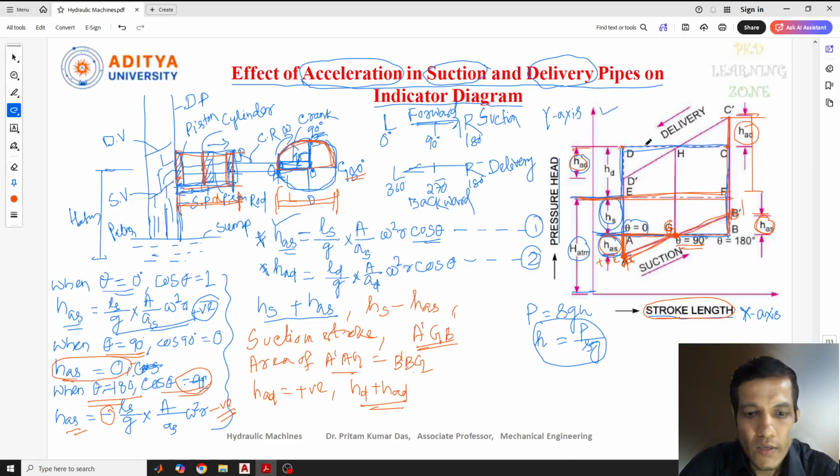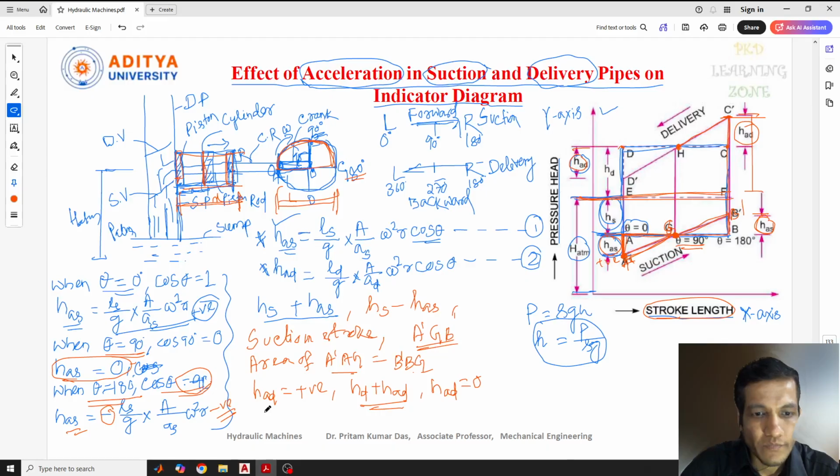And similarly, at the middle of the delivery, HAD will be 0. HAD will be 0 at the middle of the delivery stroke. So that will be reached at this point. This is C dash point, and this is the middle point you can see. So that is HAD equal to 0.